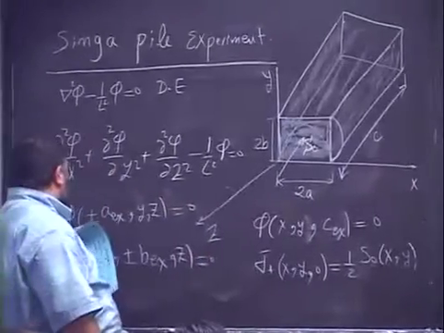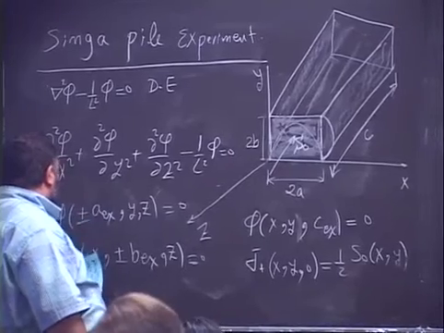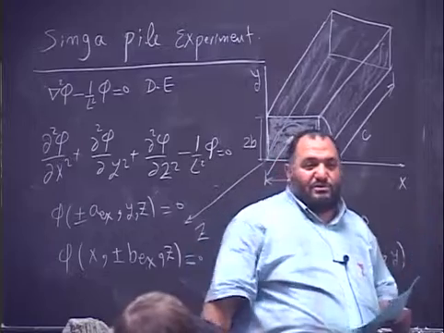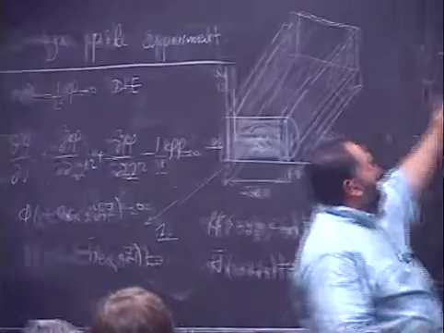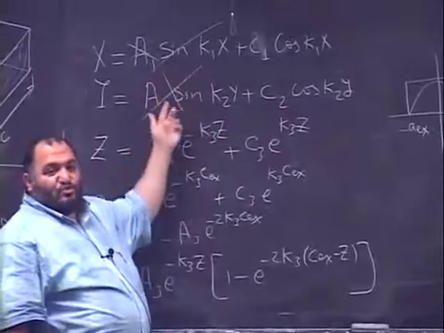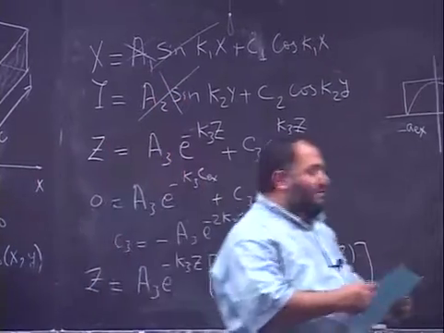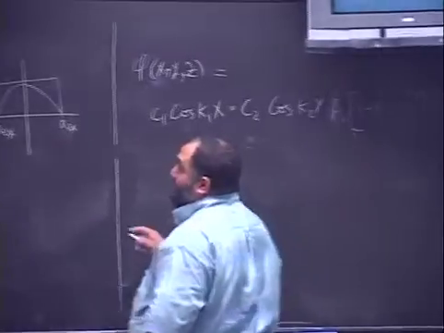So far we did not apply the boundary condition for x and y. We just stated that the boundary condition will entail that those two terms should be equal to 0, but we did not apply it. Let's come and apply the boundary condition.